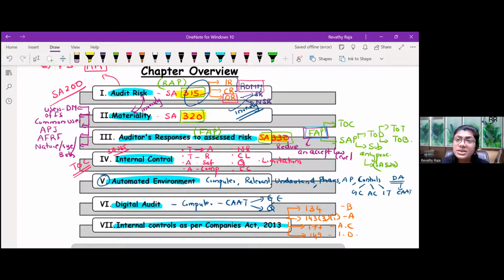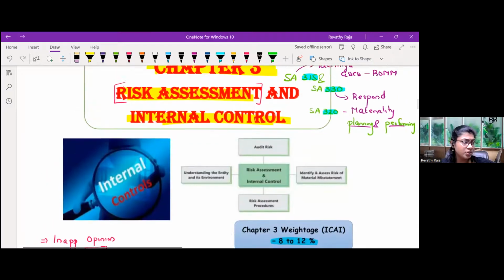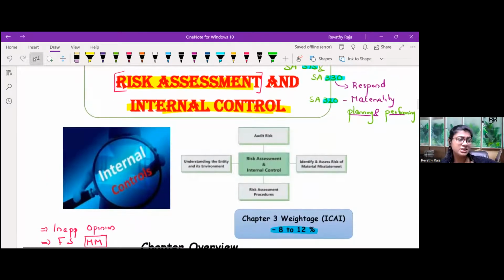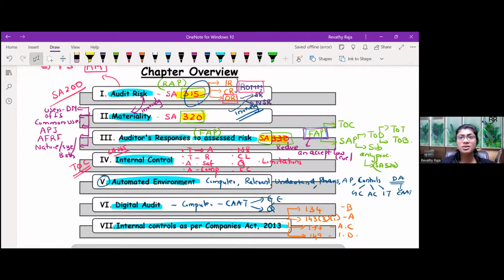So guys, this is the summary of chapter number 3, which is dealing with risk assessment and internal control. Yes, as I've told you already, 3 essays are there, which is 315, 320, 330, 300 series essays, very conceptual essays and easy to study also. And internal control is there, plus the automated environment.